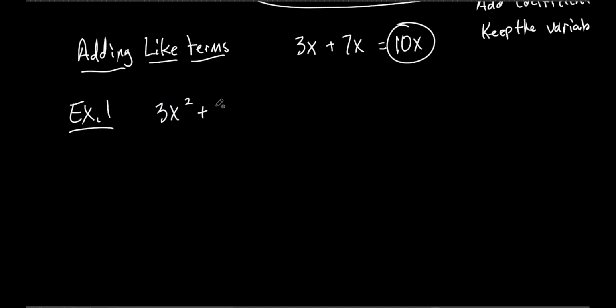So 3x squared plus 2x squared minus 2x. Nope. Sorry. Actually, let's write it like this.